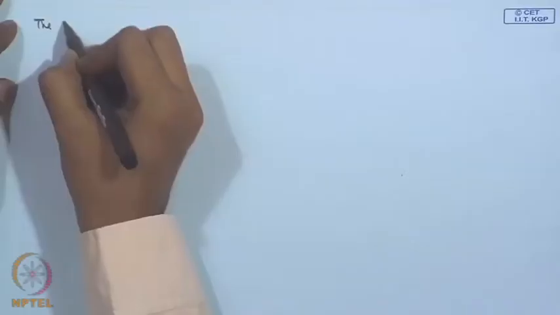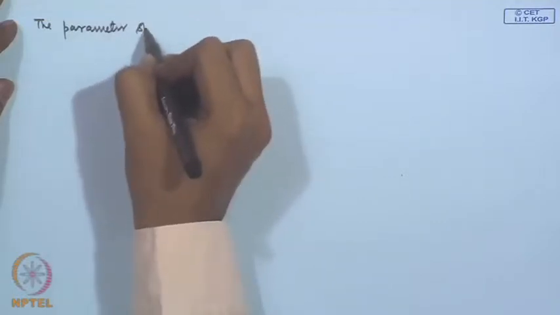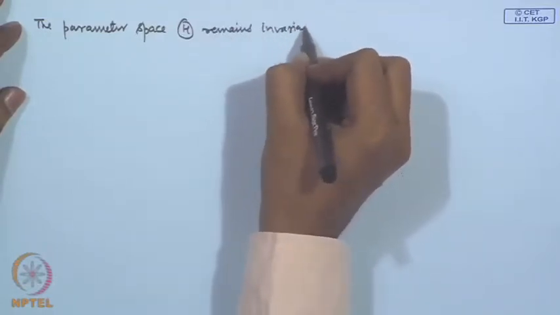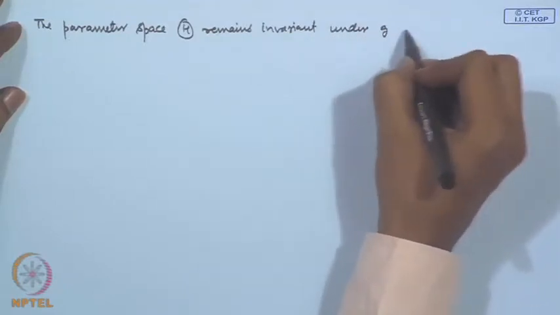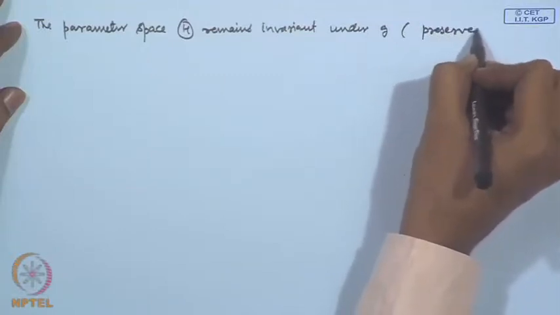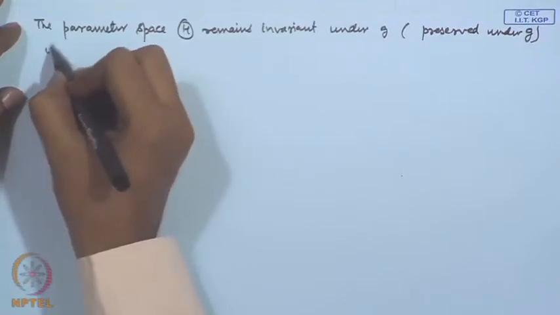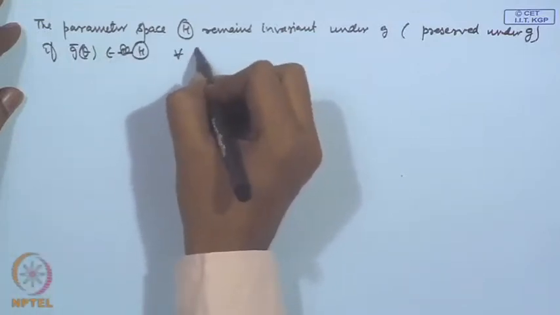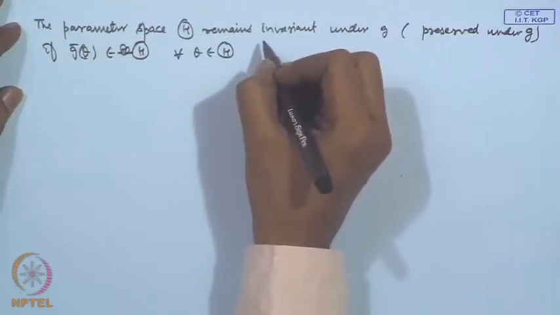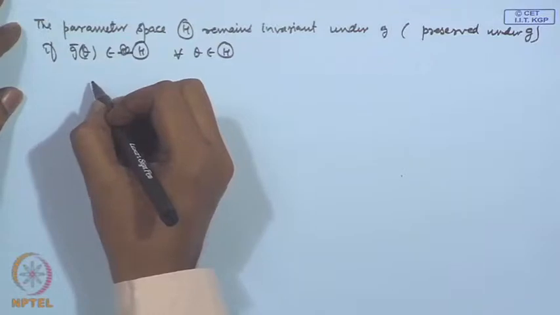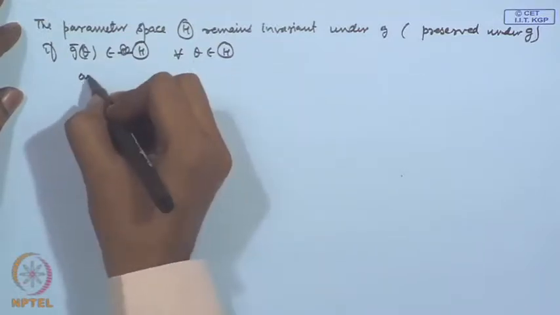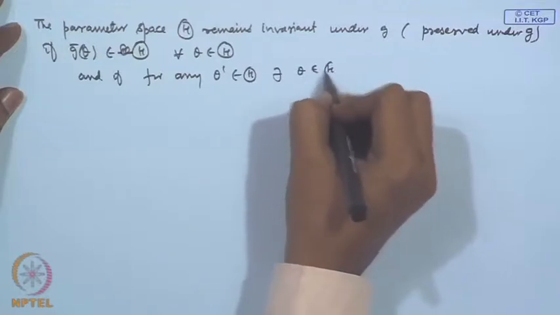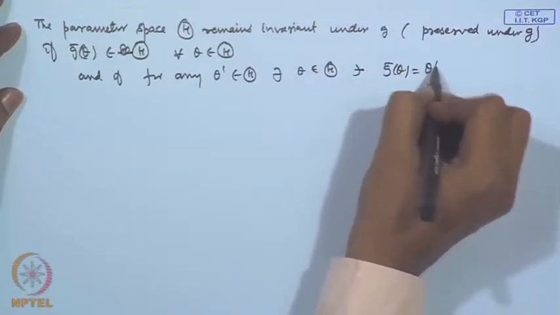So, the parameter space theta remains invariant under G, that is, we say preserved under G, if G bar theta belongs to omega theta for all theta belonging to theta, and if for every or any theta prime belonging to theta, there exists theta belonging to theta such that G bar theta is equal to theta prime.